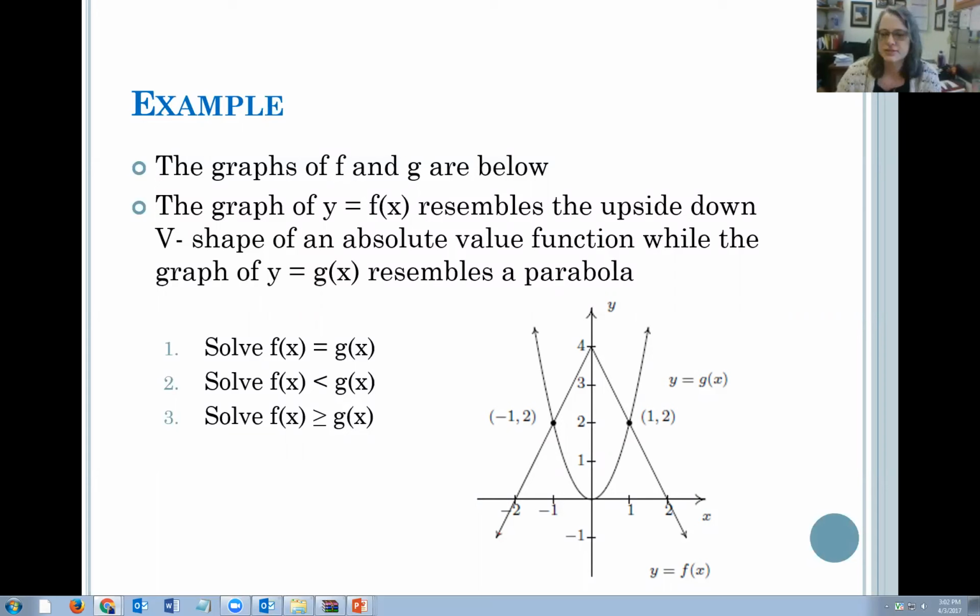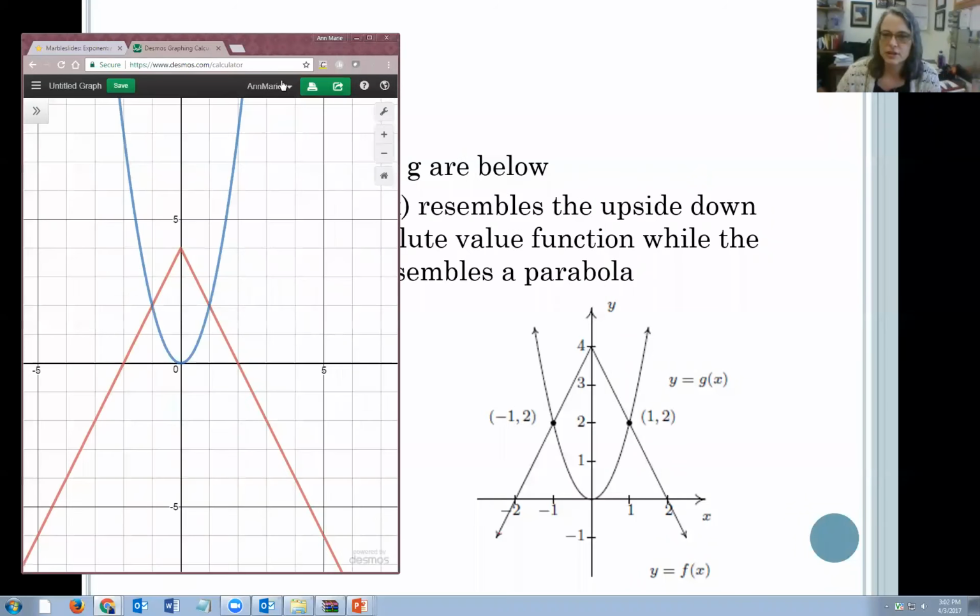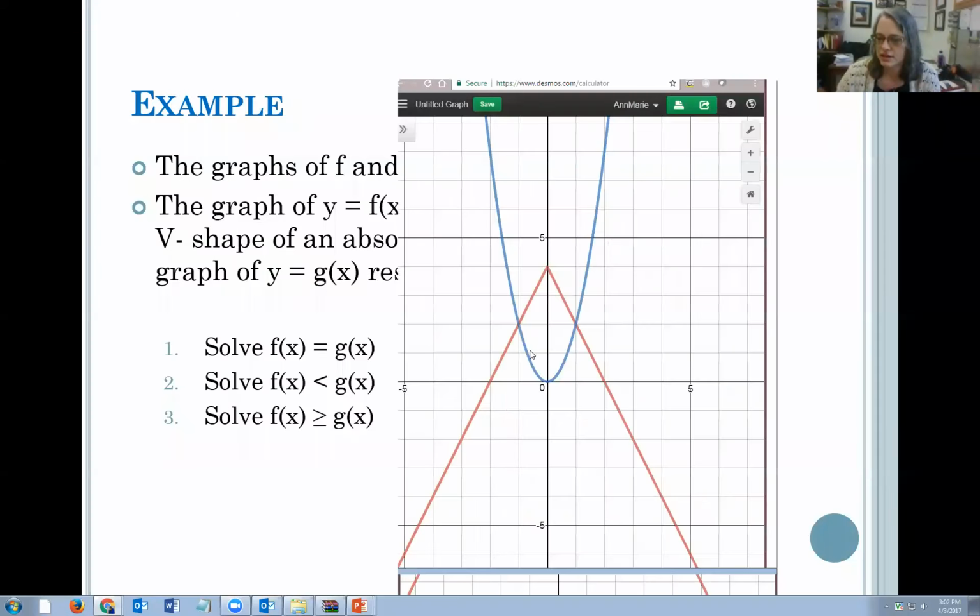So I just built this real quick in Desmos. And you can see if we want to solve where f of x equals g of x, we know that that just means the two intersection points. So that would be that point and that point.